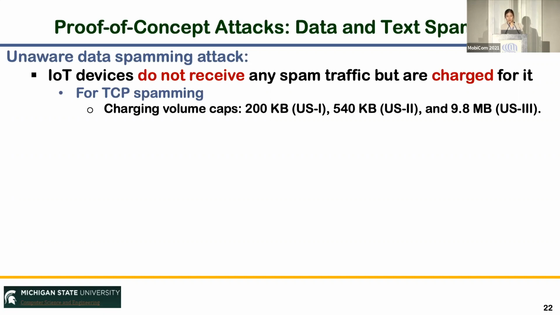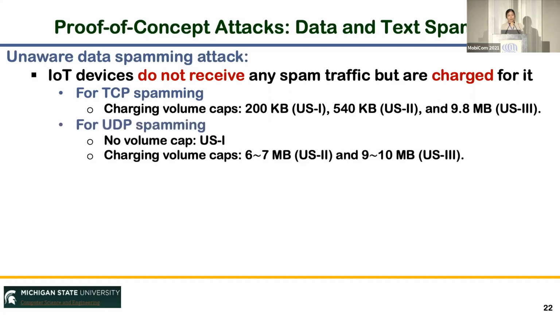But US3 has a higher cap with around 10 MB. For the UDP spamming, US1 does not impose any charging volume caps, which can achieve up to 16 MB, while US2 and 3 have charging caps of about 7 MB and 10 MB respectively.